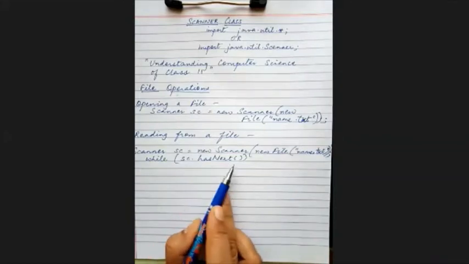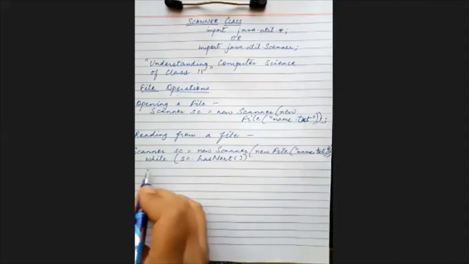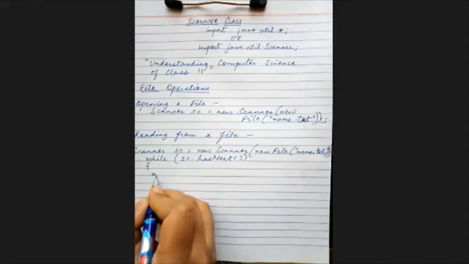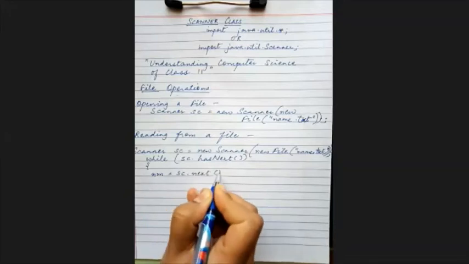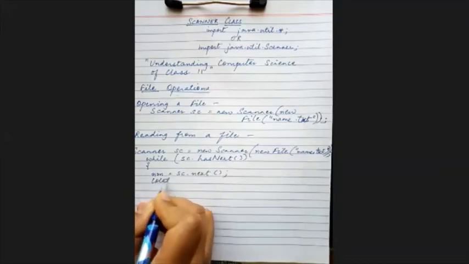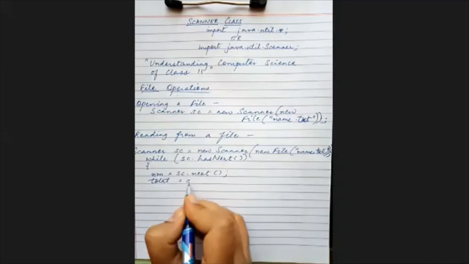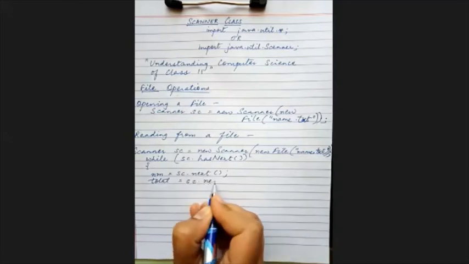जब तक टोकन होगा फाइल के अंदर तब तक वो while लूप चलाएगा. क्या करेंगे, इसमें सपोज एक स्ट्रिंग टाइप वेरिएबल लिया है, इसमें लिख दिया sc डॉट नेक्स्ट nm में, और इसमें एक टोटल मार्क्स के लिए टोटल वेरिएबल लिया है, उसमें लिख दिया sc डॉट नेक्स्ट इंट.